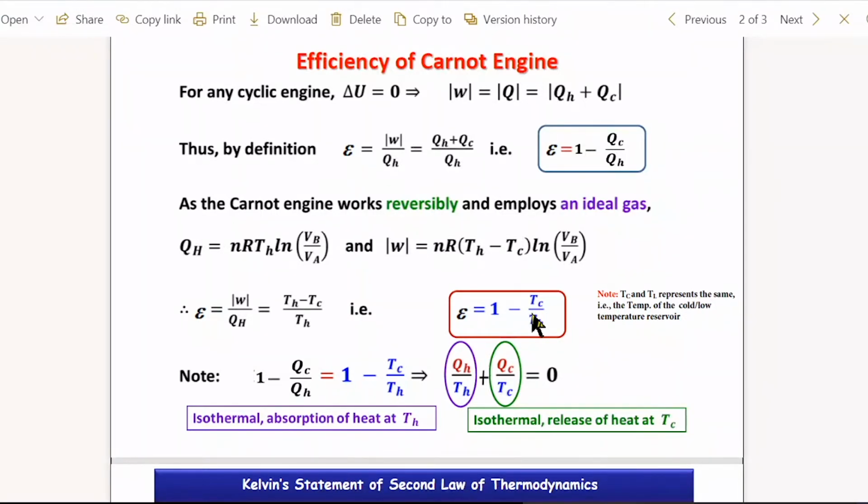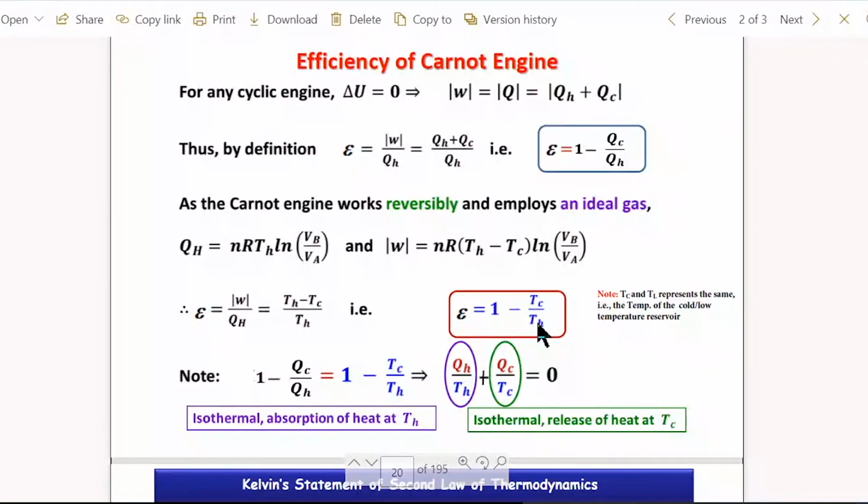So this one will always be lower than this one. If I have this value, then the efficiency of the system will be 1 minus a small fraction, so it will always be less than 1. It is possible to have efficiency equal to 1 if Tc is equal to Th.